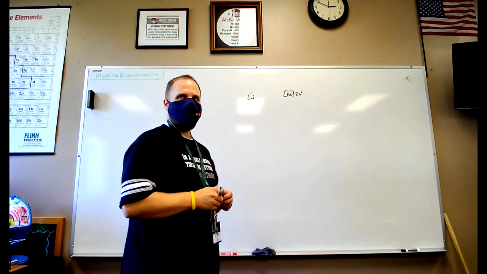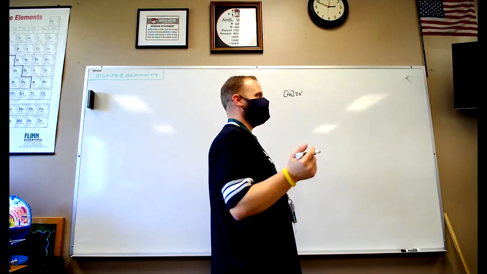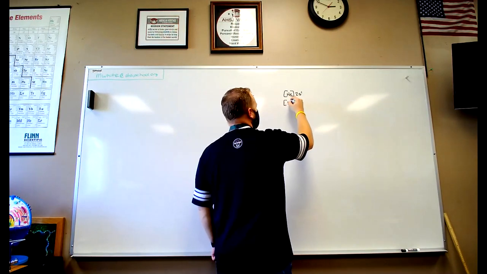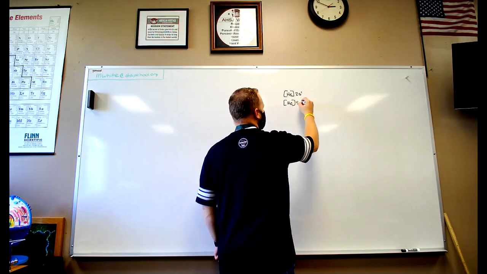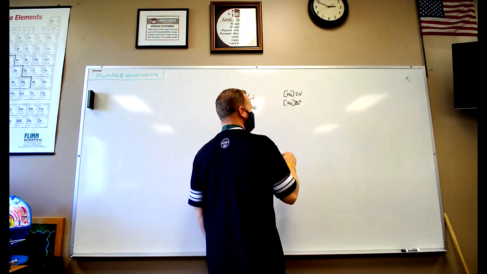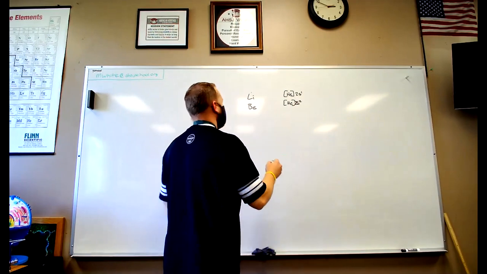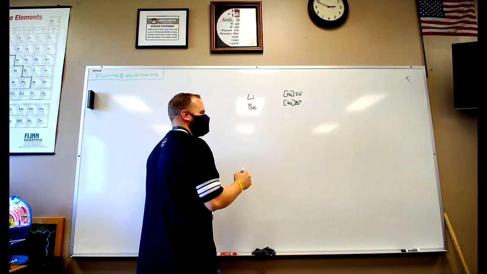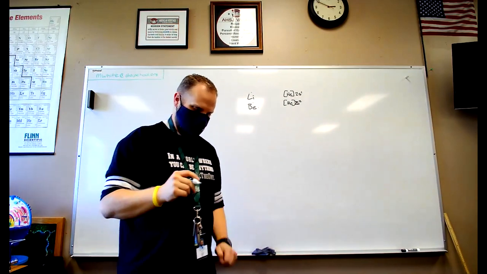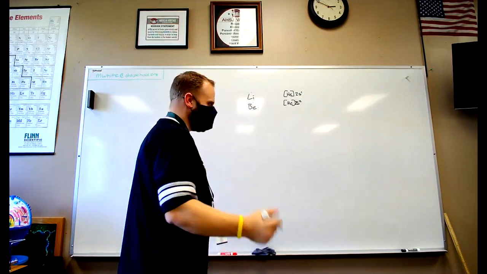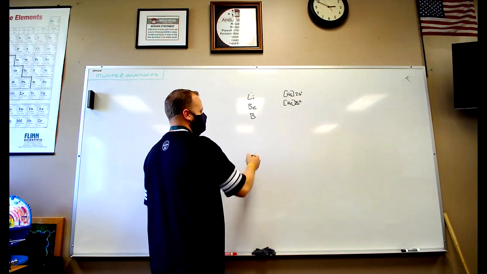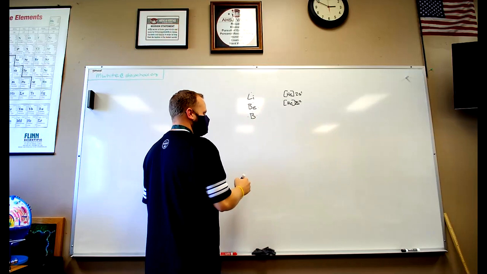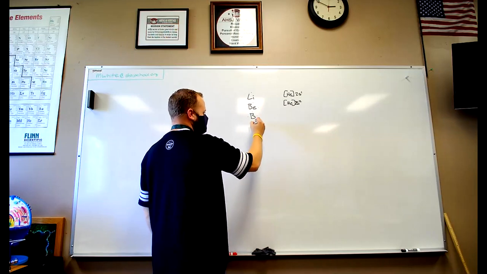If, however, we went to beryllium, beryllium is 2s2. So we put one there and one there because we have two valence electrons. If we move to boron, the pattern continues. We now have three. Carbon, 4.